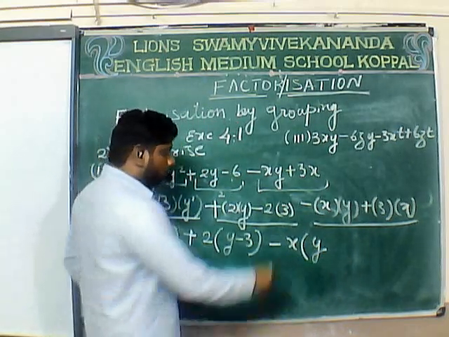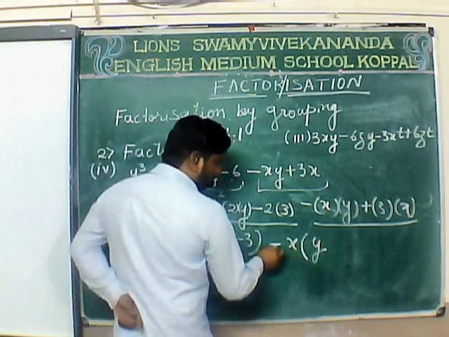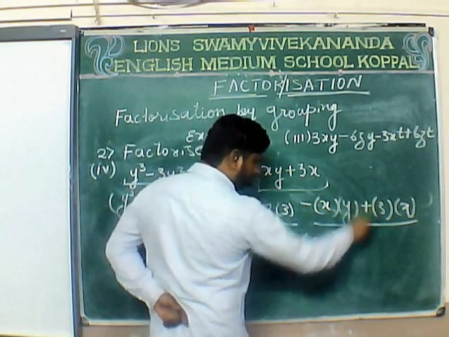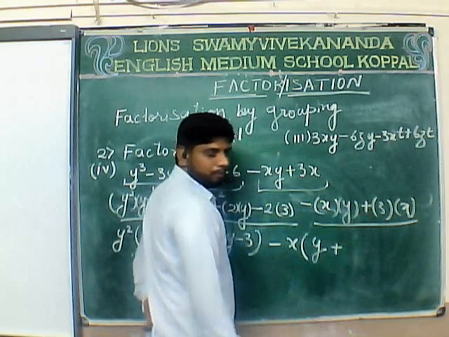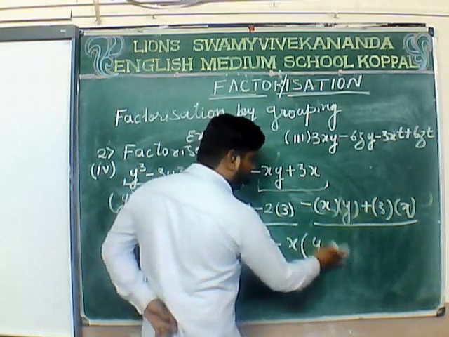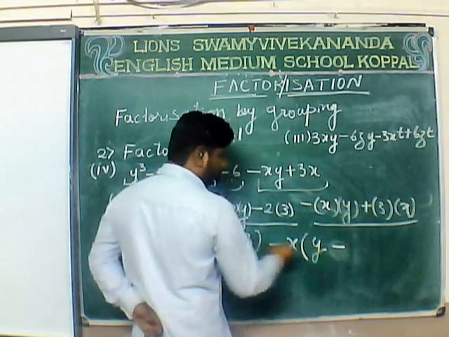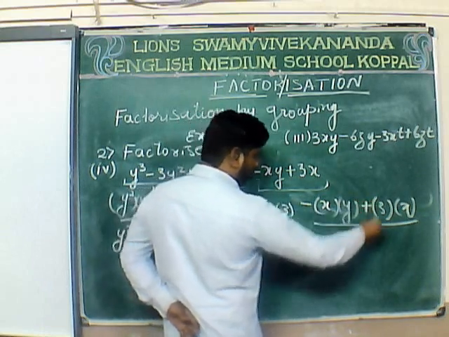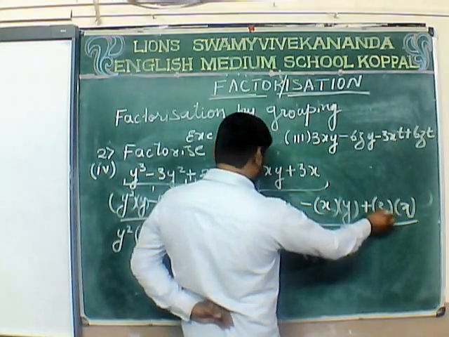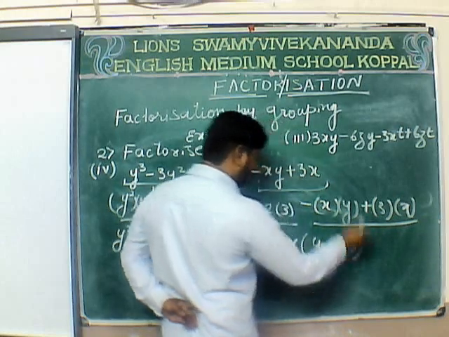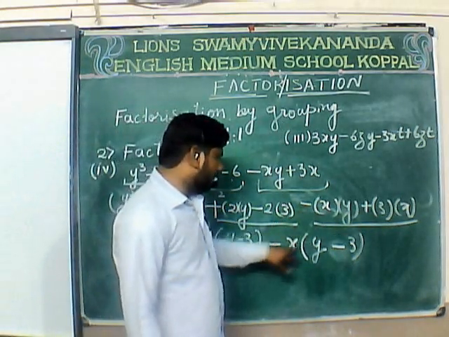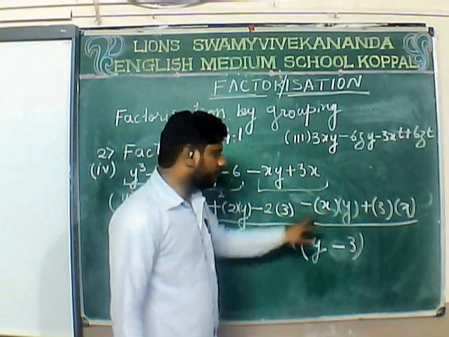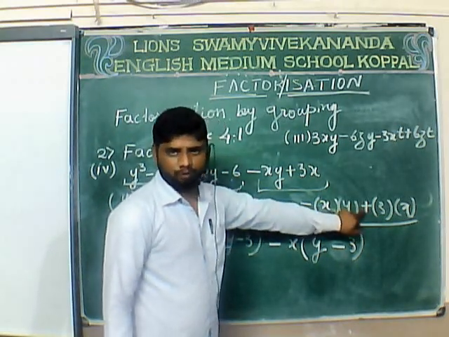No, because when I multiply back minus into plus, it should be minus, but it is not minus, it is plus. So I have to write minus here. Minus into minus is plus. What is left here? 3 is left. Understanding? When I take x as common, along with that I am taking minus also common outside.